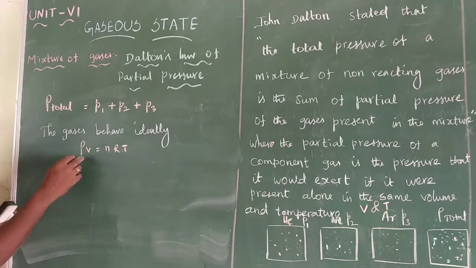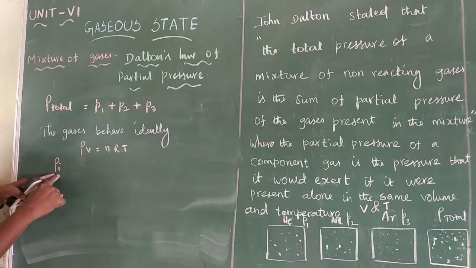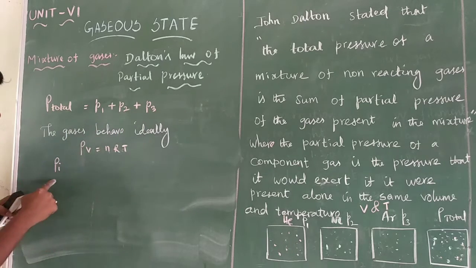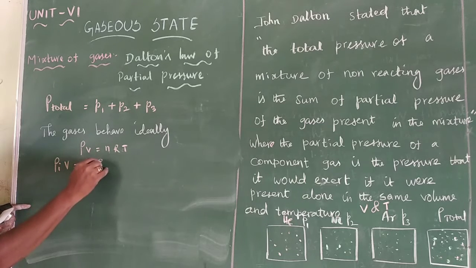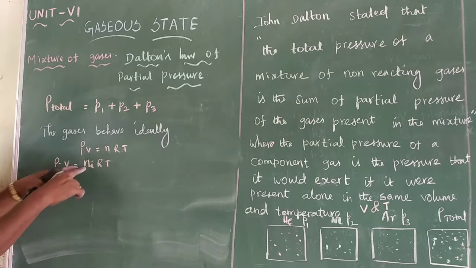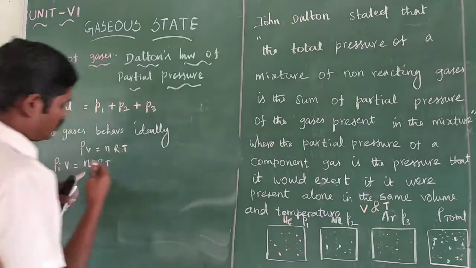So Pi means P1, P2, P3. PiV is equal to niRT. ni means the number of moles, n1, n2 and n3.